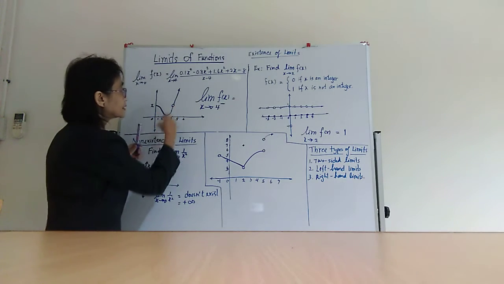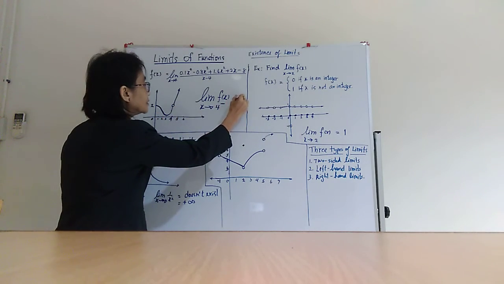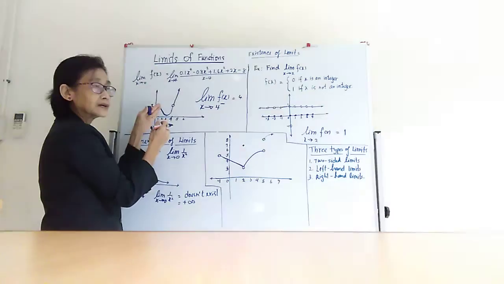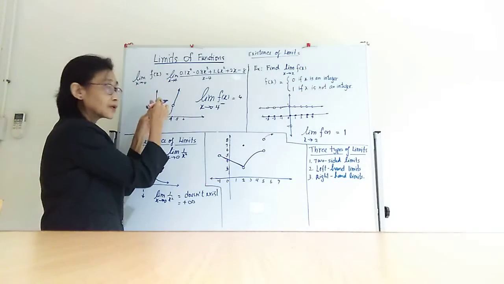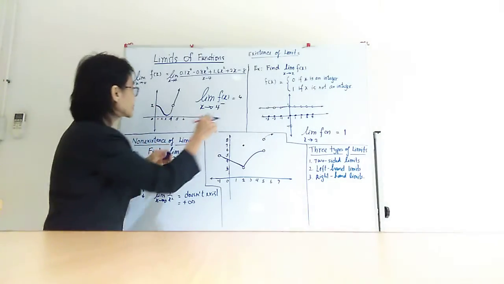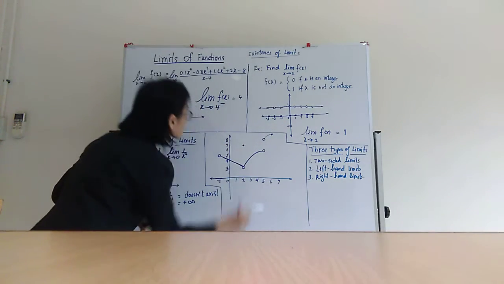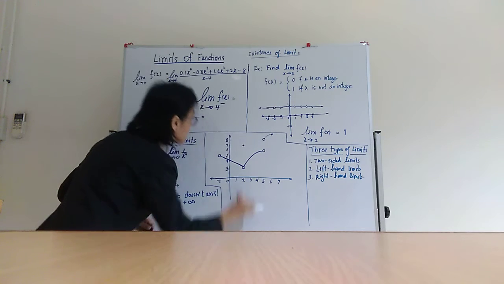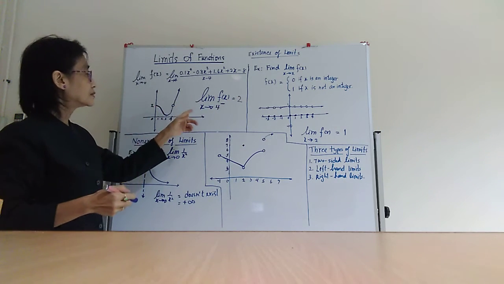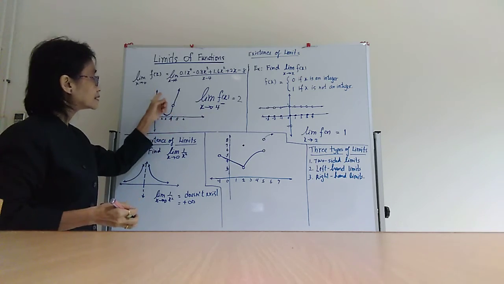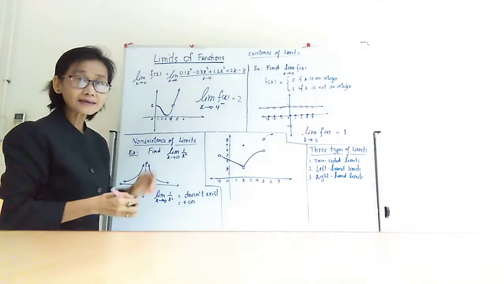So then you can answer this one equals 2 also. From the left approaching 4 and from the right closer to 4, they meet at the same point. This should be equal to 2, and both are equal. So we can say this limit exists.